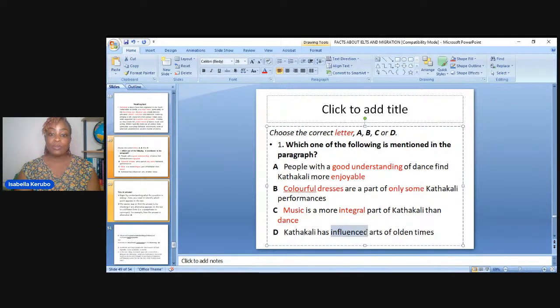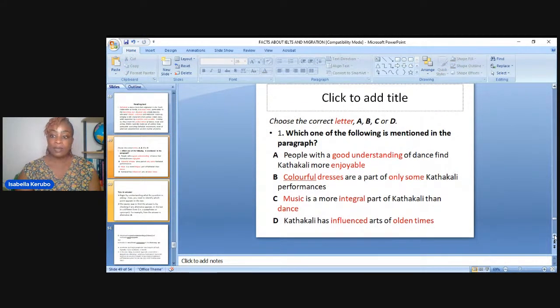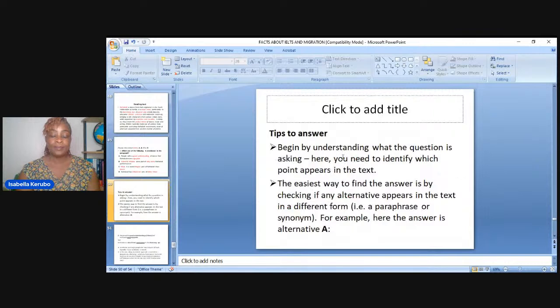We are going to look at what is said about the influence, all right? And also, if anything is said about the olden times. All right. So let's go and look at each and every one of these sections.